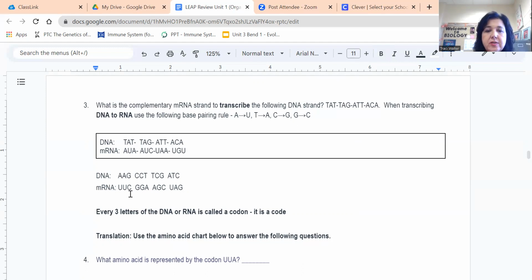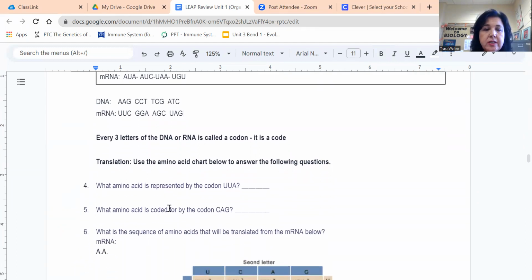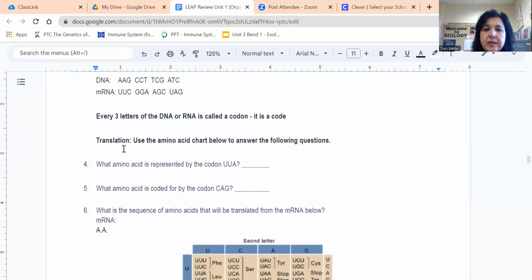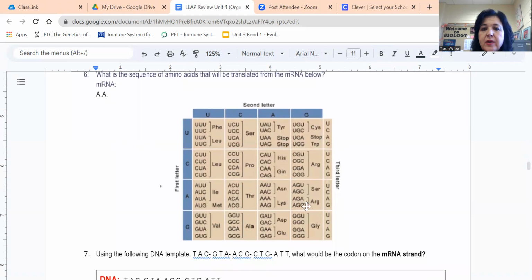Okay, so it's called a codon. And it is used in the second step of protein synthesis, which is called translation. And in translation, we use this amino acid chart.